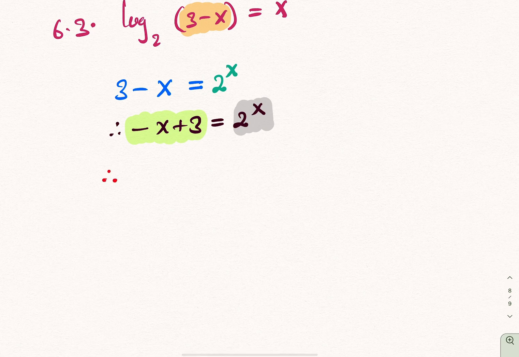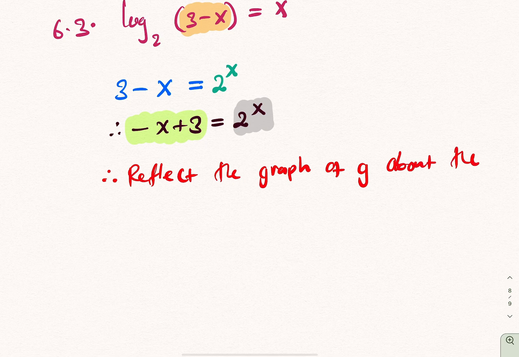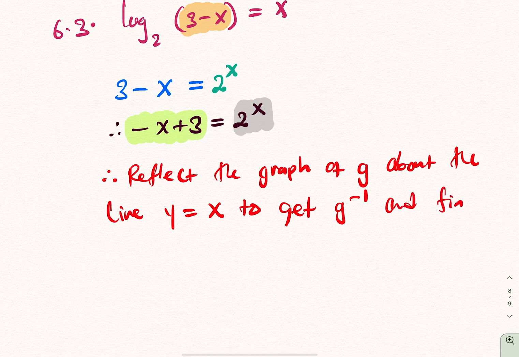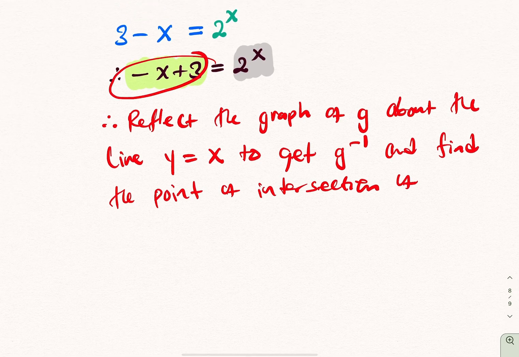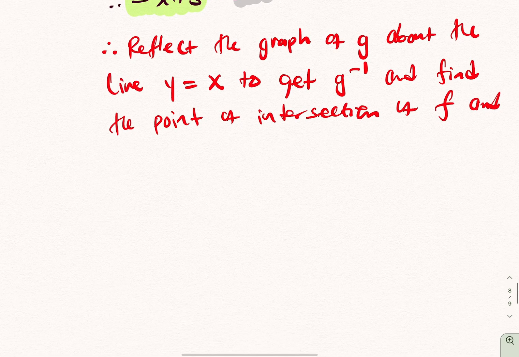So now, you're going to reflect the graph of g about the line y equals x to obtain your g inverse, which is the inverse of g, and find the point of intersection of f and g inverse.